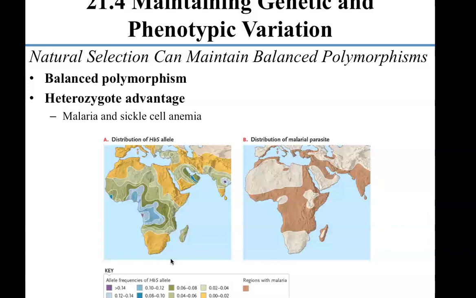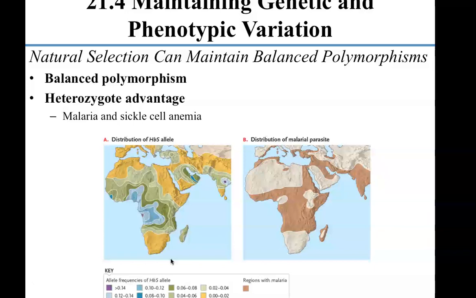So in other words, natural selection, by selecting for the superior heterozygotes, is going to make sure that there are still heterozygotes and homozygotes in the population.